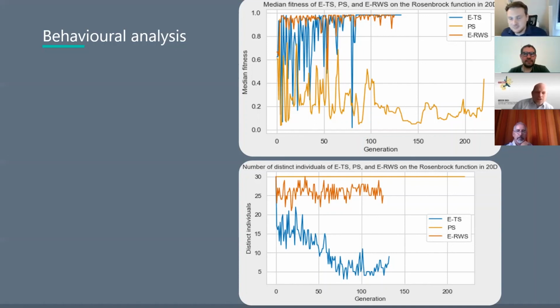But the median fitness is actually the median fitness of the population. So this means that at least half is above 0.9. So what does that mean? I cannot get my brain around it.